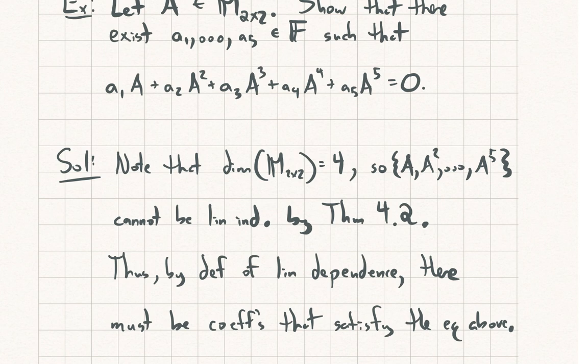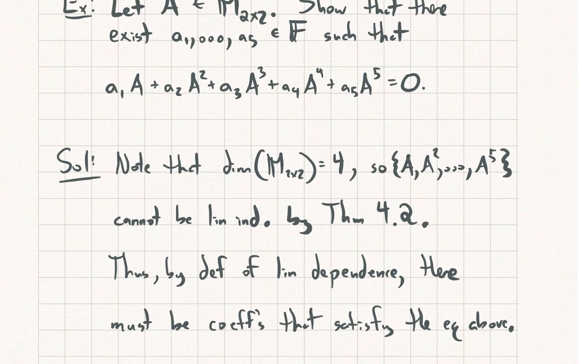And finally, let's do a little example here. So let's say we indeed have a matrix A, and it's a 2 by 2 matrix, and let's say it's over some field. The field doesn't matter. So our coefficients and the entries of our matrix exist in some field.